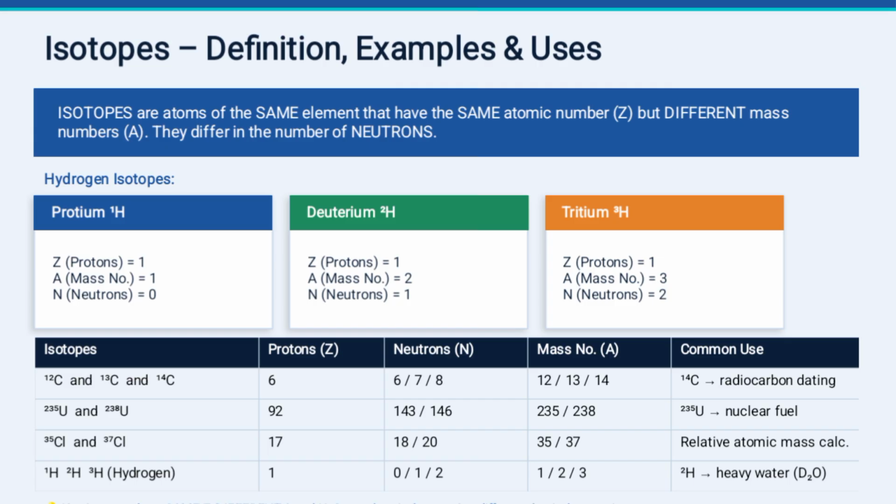Then use the same method for tritium, which is radioactive in nature. The atomic number is 1, the mass number is 3. So the number of neutrons is 3 minus 1, that's 2. Electron is also 1. So these are examples of isotopes. And you can see their proton, their neutron, their mass number, and their common use.